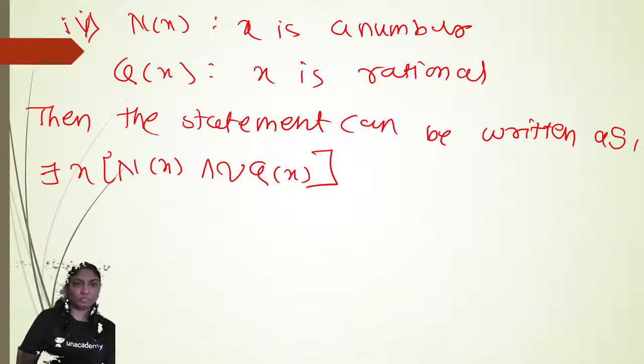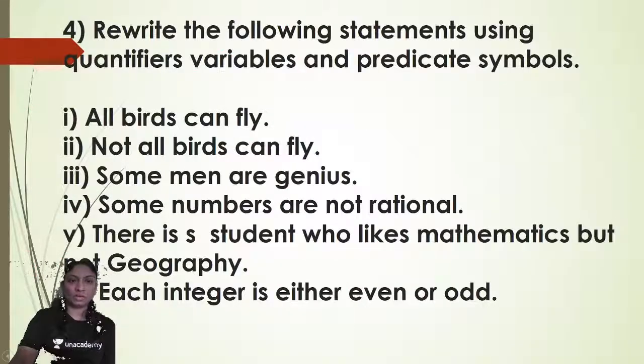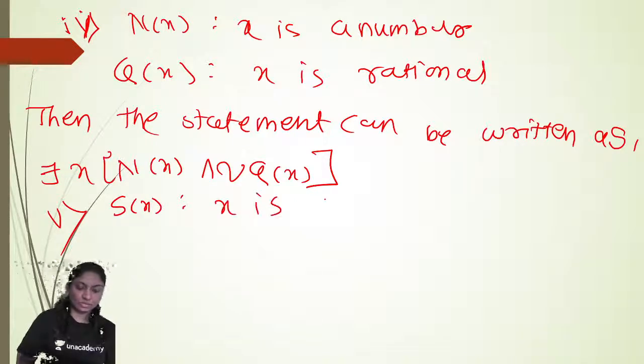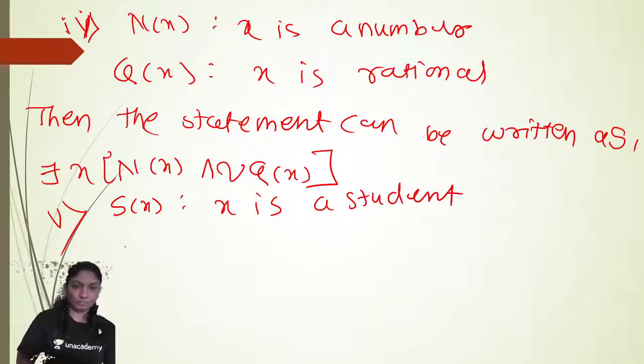This is our fourth one. Fifth statement: there is a student who likes mathematics but not geography. So first one, x, S of x: x is a student. M of x: x likes mathematics.